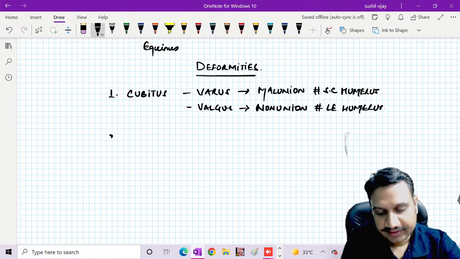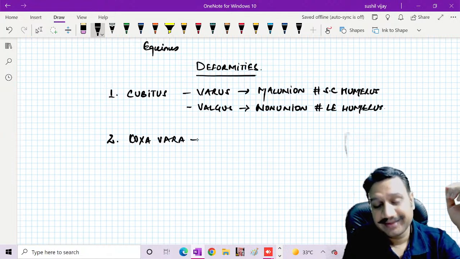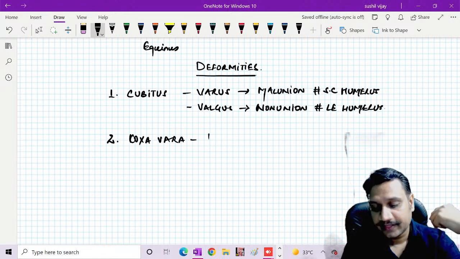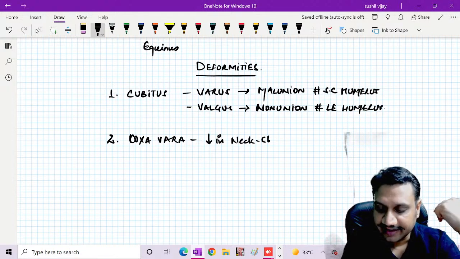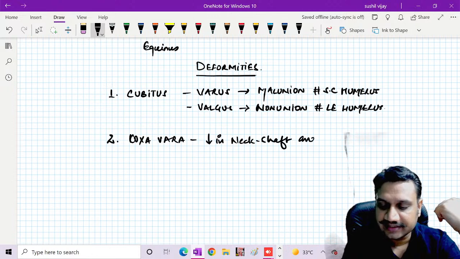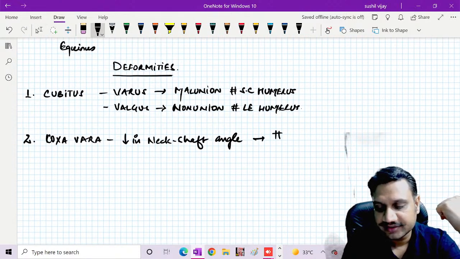Then, when you talk about the hip area, coxa vara means a decrease in the neck shaft angle. What all conditions can produce this? Obviously the most important one remains fracture neck femur.